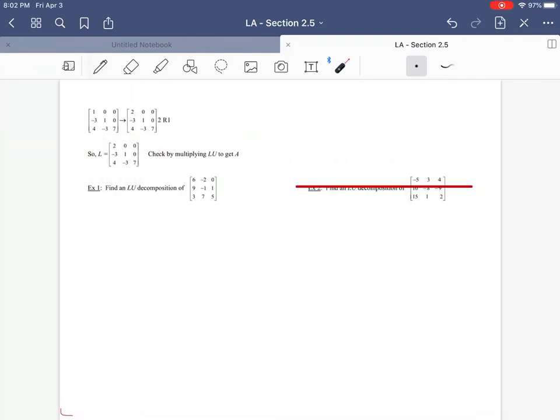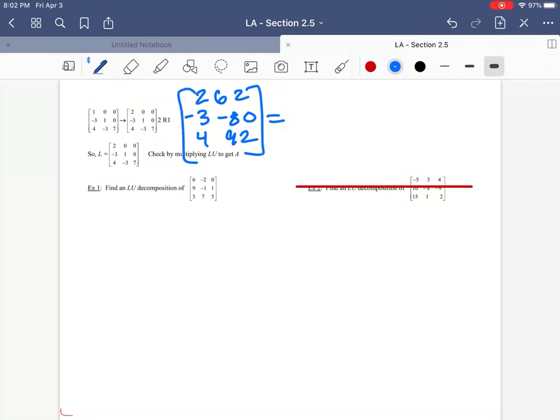This is our L. And so what we have now, if we write those two things down, the original matrix was 2, 6, 2, -3, -8, 0, and 4, 9, 2. And what we have done is we have factored this.